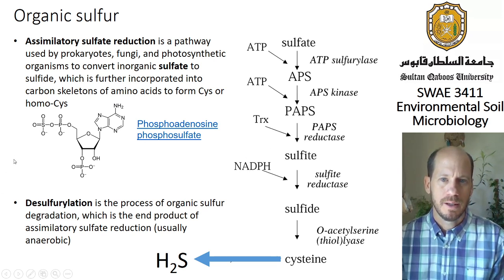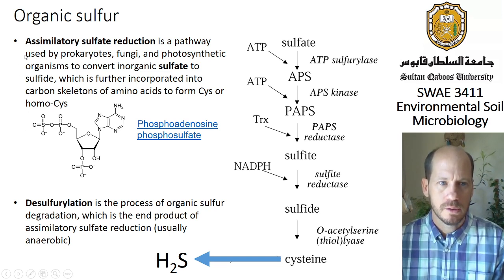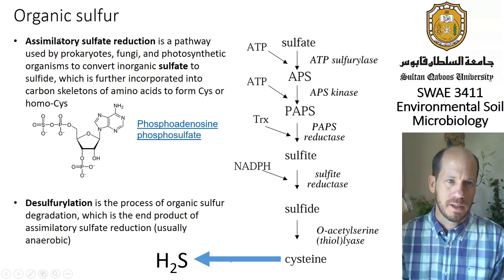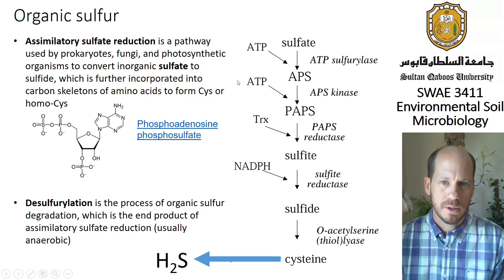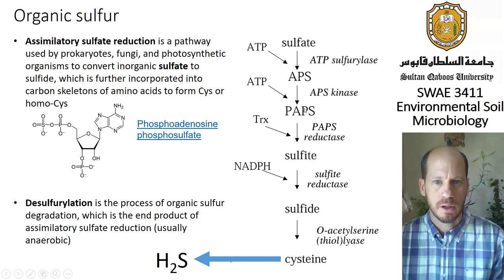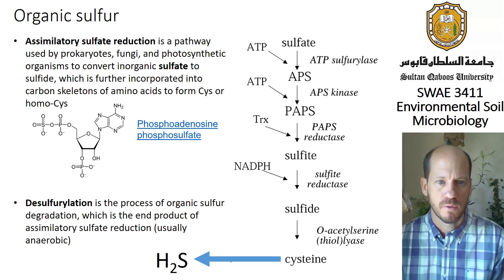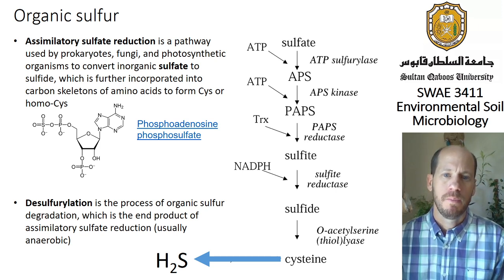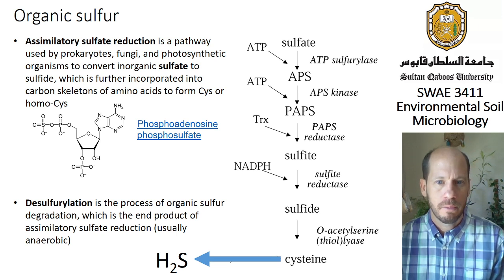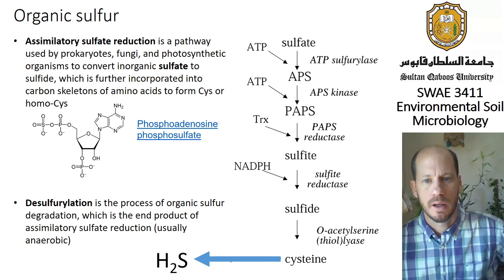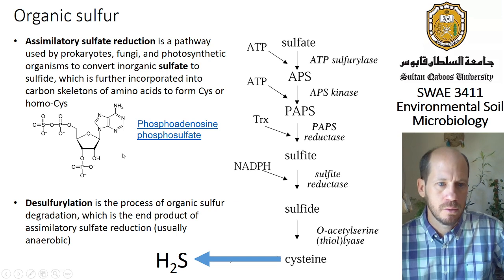So it's very hard to reduce a sulfate molecule by itself. So there is a stepwise reduction of these molecules into adenosine phosphosulfates and phosphoadenosine phosphosulfates, which makes it easier for the further reduction and incorporation of these sulfides into organic molecules.